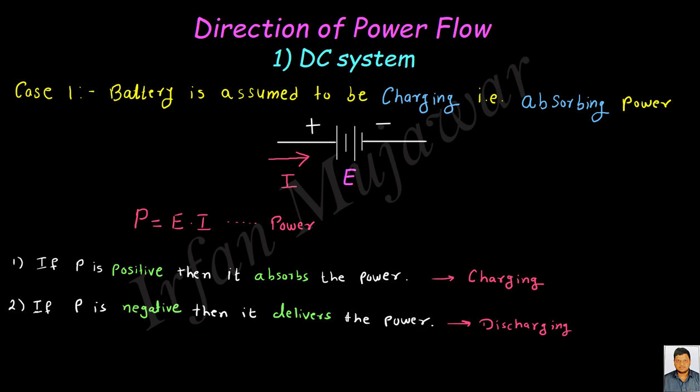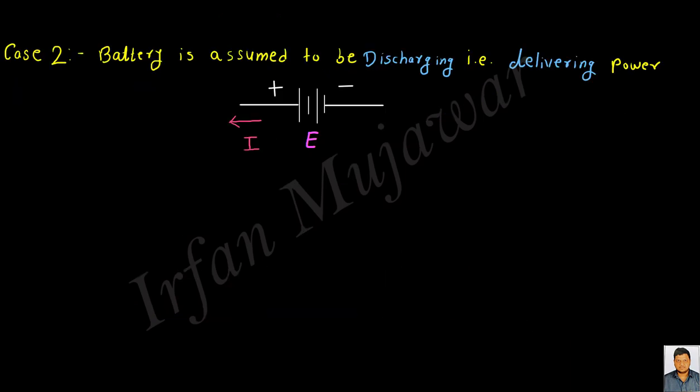Now consider the next convention of a DC system. Here the direction of the arrow is pointing away from the positive terminal, so the battery is assumed to be discharging, that is, it is delivering the power. Now according to the same logic we can write, if P is positive, again how can we calculate P?